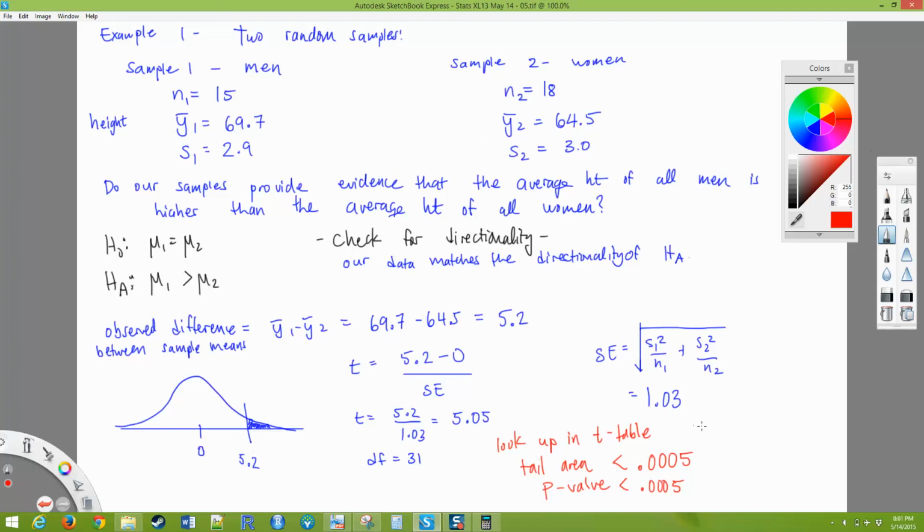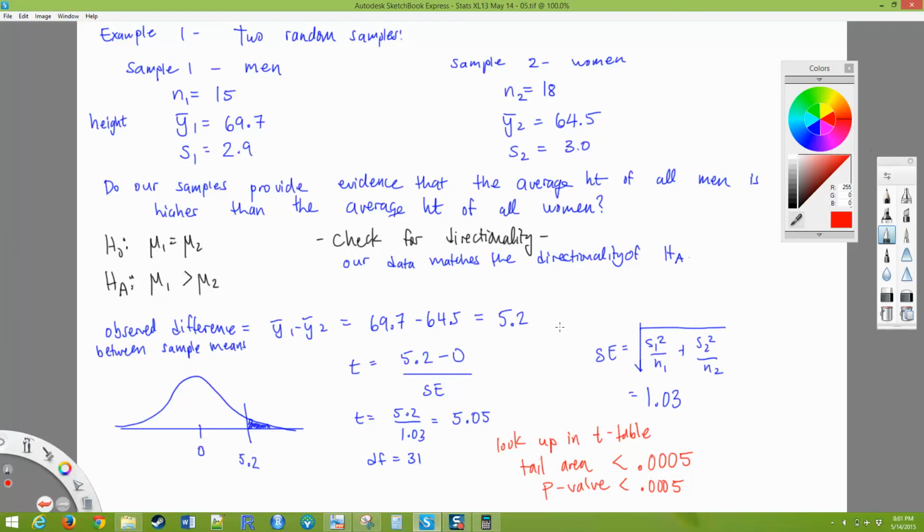So the p-value is less than 0.0005. And that is the probability that two random samples produce a difference of 5.2 inches if the respective populations have the same mean. Okay?